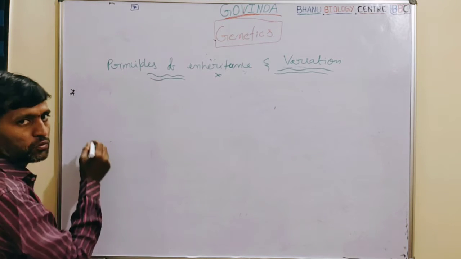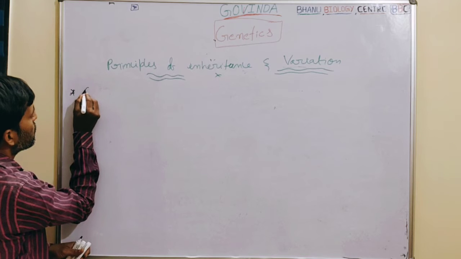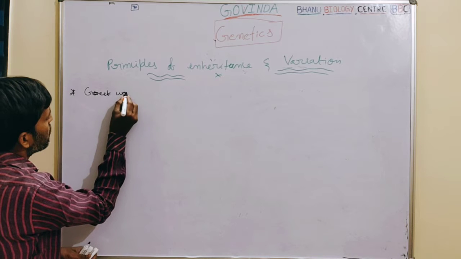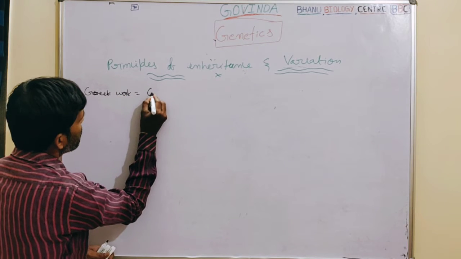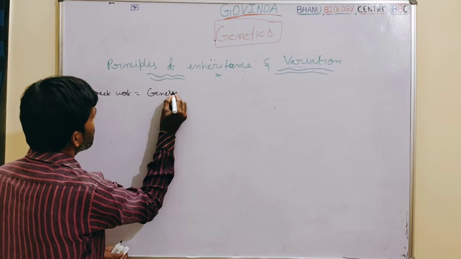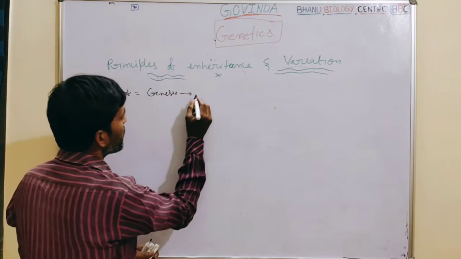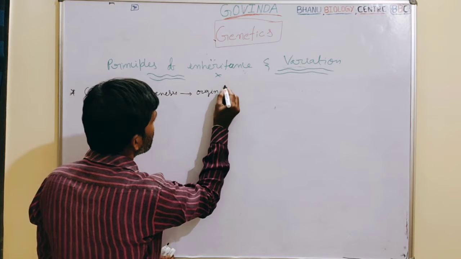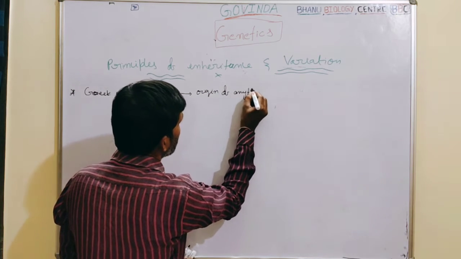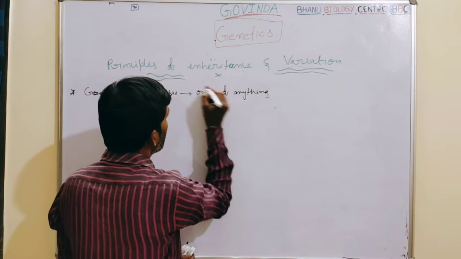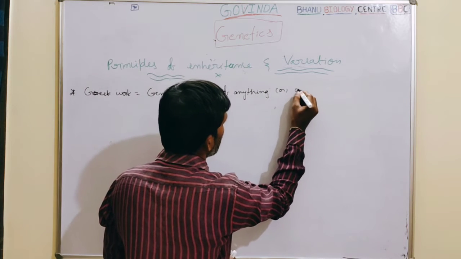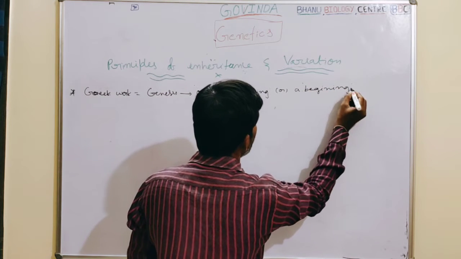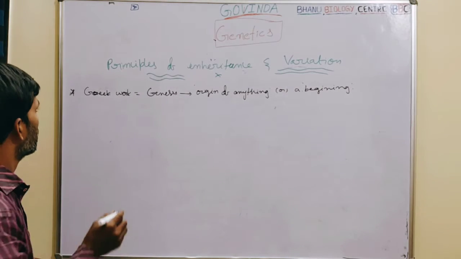The word genetics was derived from the Greek word Genesis. Genesis means origin of anything, or a beginning.